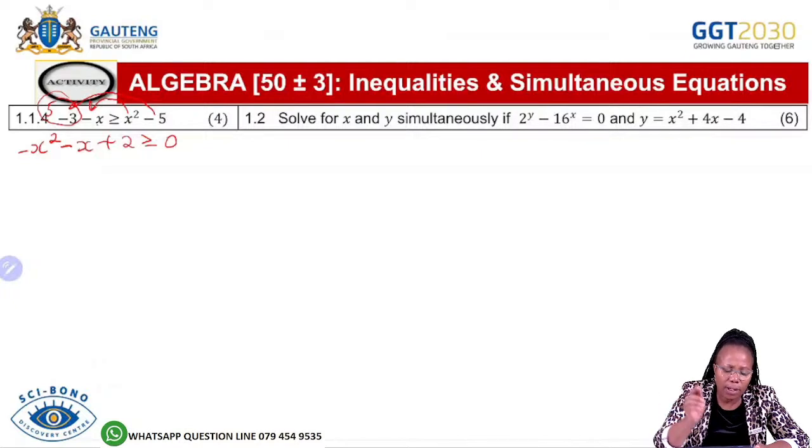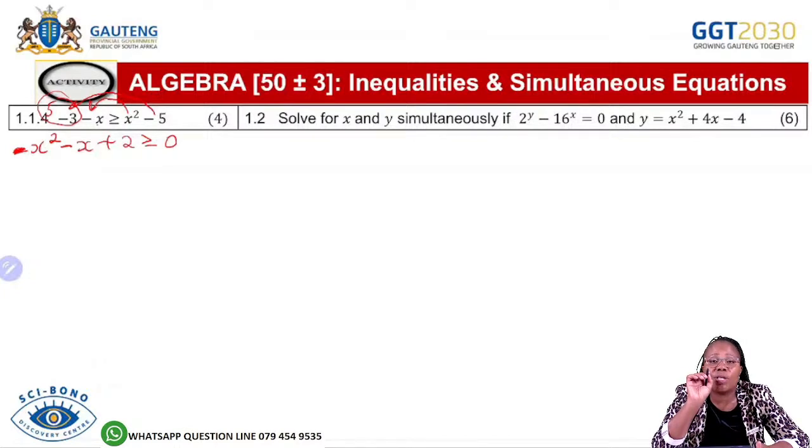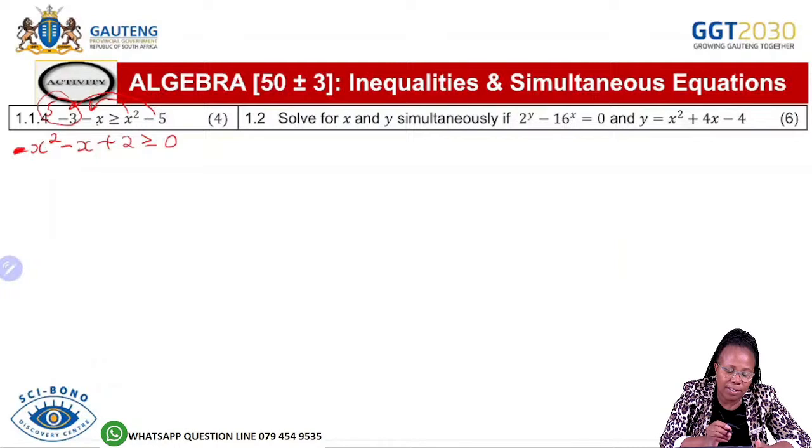Okay, right. We have a challenge now. Our x squared is negative. So we are going to multiply throughout by a negative. With inequalities, ensure that your x squared is always positive before you can continue with your solution. So we multiply by negative throughout or divide by negative throughout.